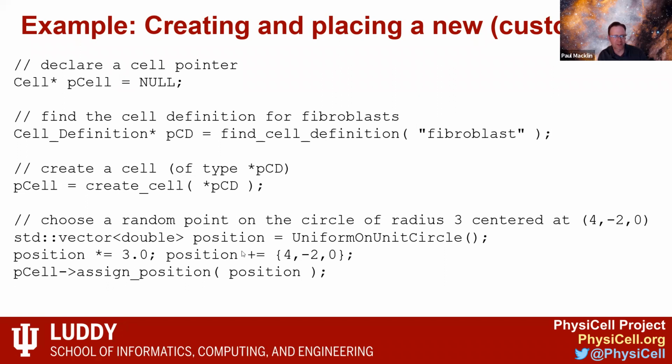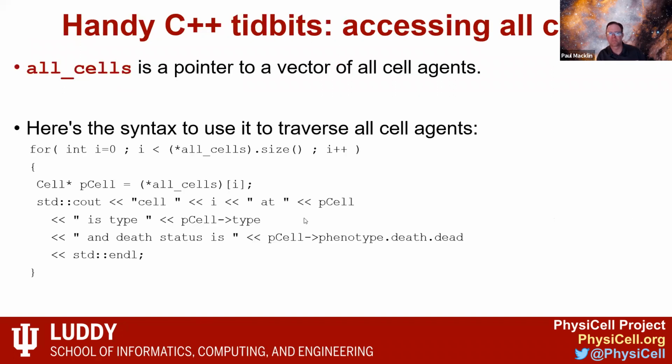So I'm just going to make a vector for position, uniform on unit circle. I'm going to multiply that by 3, so now it's the circle of radius 3. And then add on the position 4, -2, 0. So all the plus-equal stuff that you're used to with vectors can happen here. And I'm going to assign this as my cell's position.